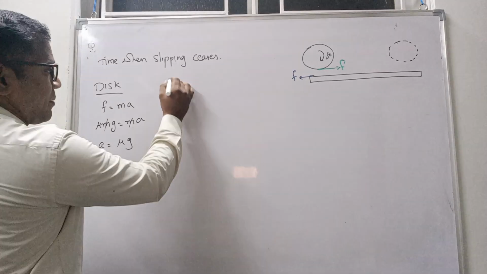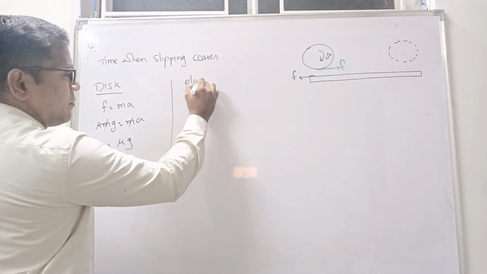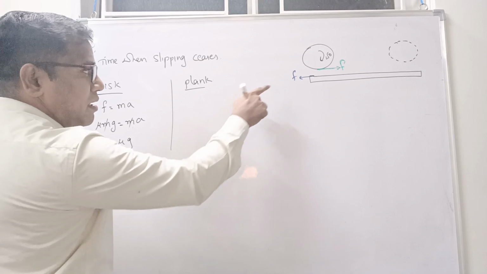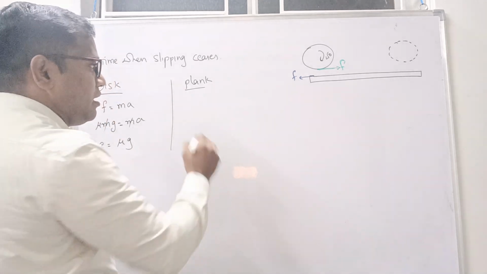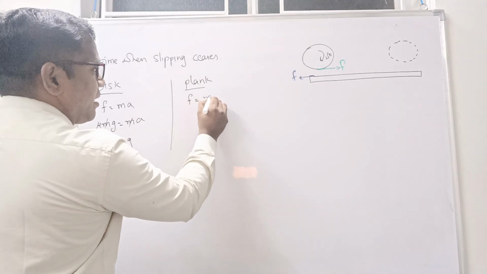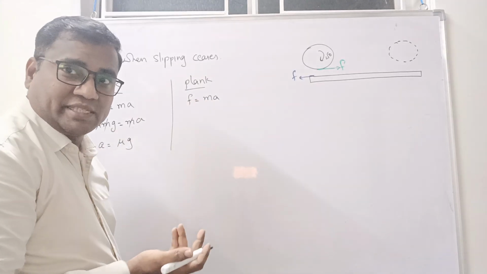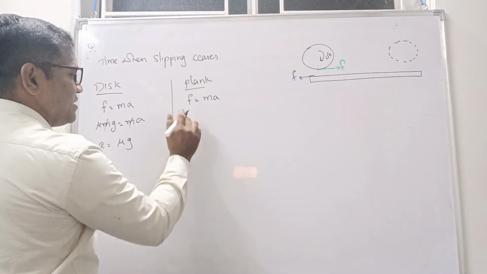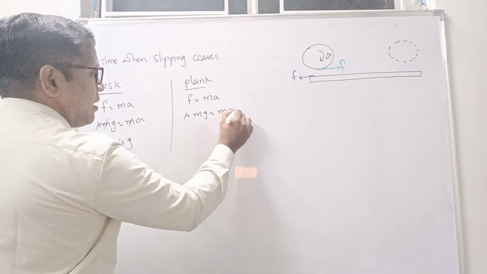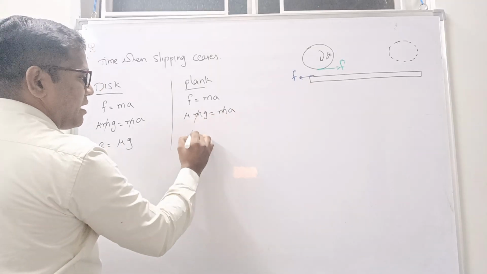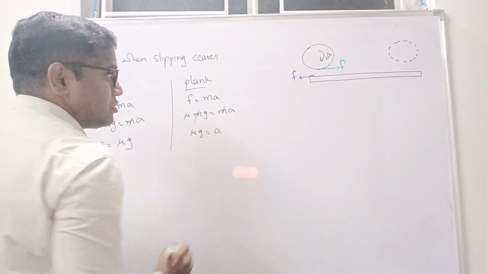At the same time for the plank, the driving force is F only. So F is equal to ma. Both masses are the same, m is given, so F is again mu mg. Mu mg is equal to ma, m gets cancelled again, so a is equal to mu g.